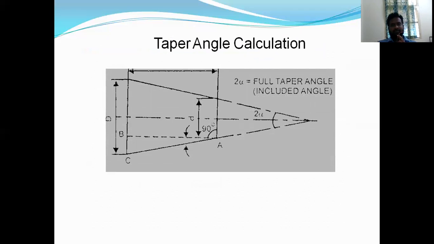So now the taper angle calculations, right? Let us take this as our workpiece up to here.